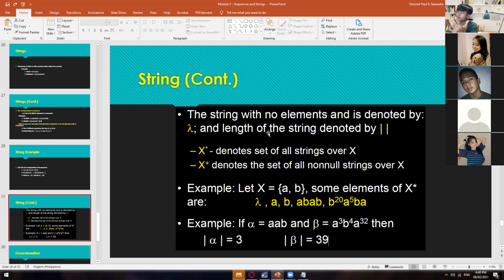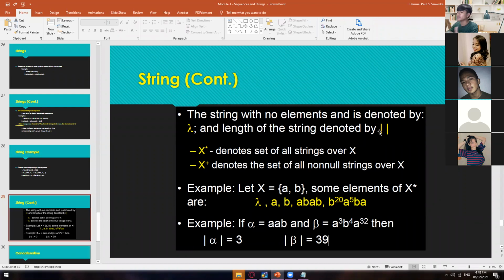If you can still recall, the symbol for no elements in set operations in our past topics is a null set, or simply an empty set. But for the string, the notion for this one is lambda. I'm not sure if this one is really lambda, so correct me if I'm wrong. So this symbol is called lambda, or just simply memorize the symbol. Once you see this one, it means no elements.